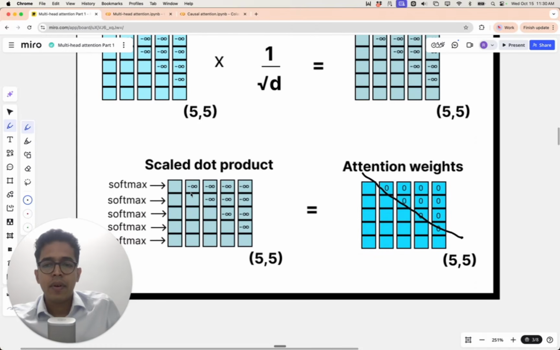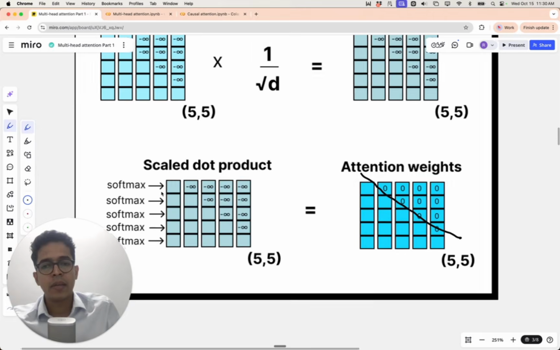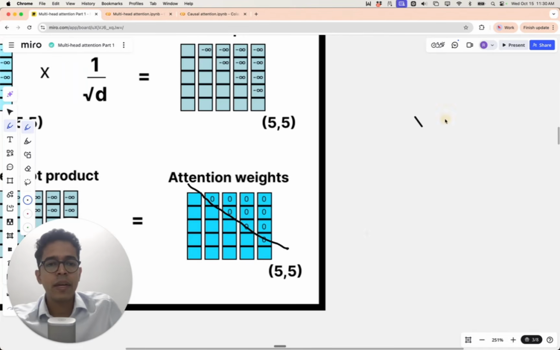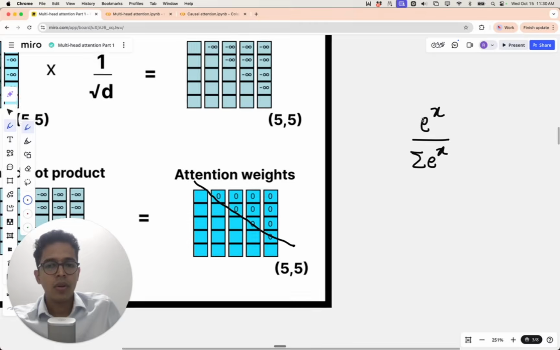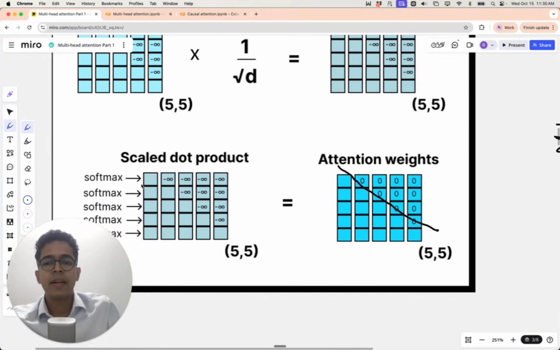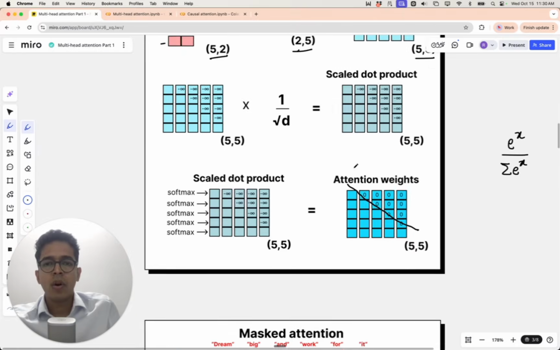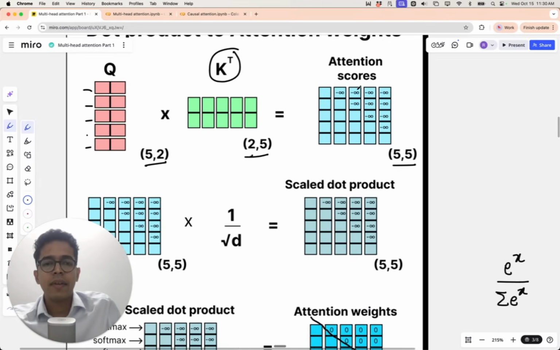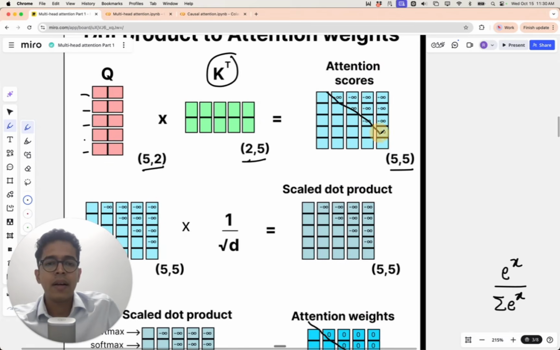We should have those numbers as negative infinity when applying softmax, because softmax is e raised to x divided by sigma e raised to x. So e raised to minus infinity is 0. If we had minus infinity before we applied softmax, those numbers will become 0 after softmax. So the attention scores that we got, we converted the upper triangle into negative infinity numbers.